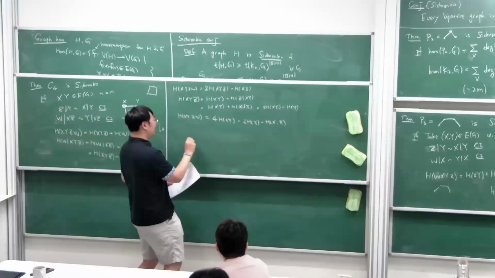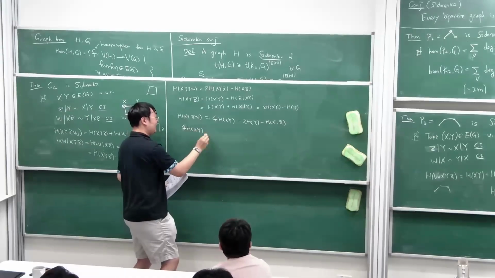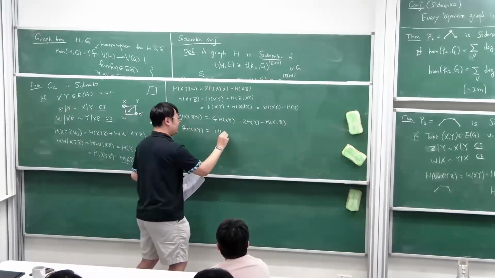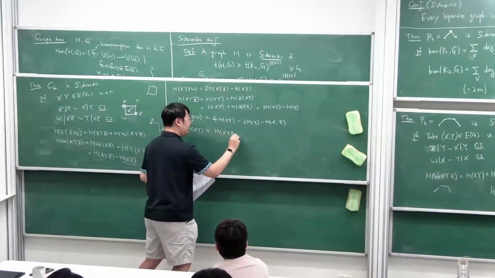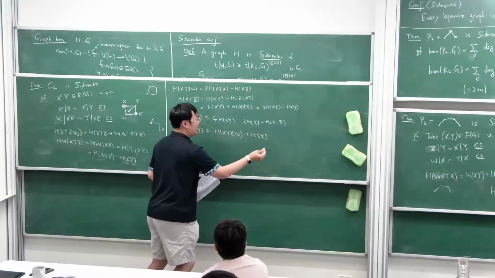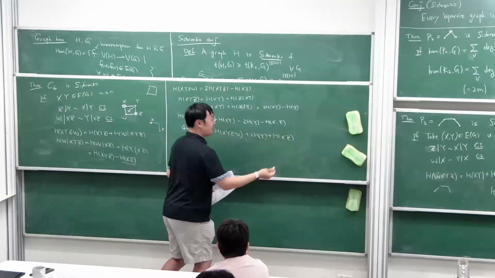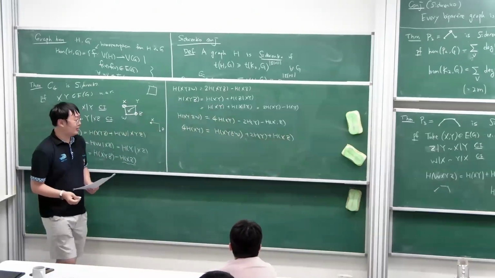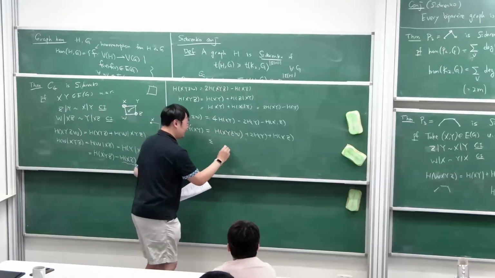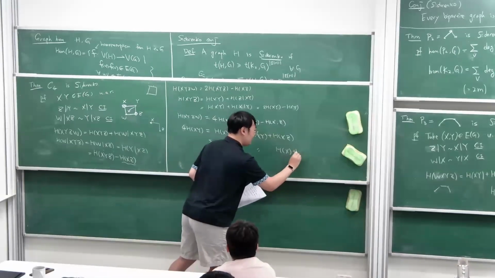And so you can rearrange terms. You have 4h of xy is the same as h of xyzw. This is the C4 we want. Plus 2h of y, these are vertices that are fine. And h of xz. So you can upper bound this by everything the same, but you use some additivity here.